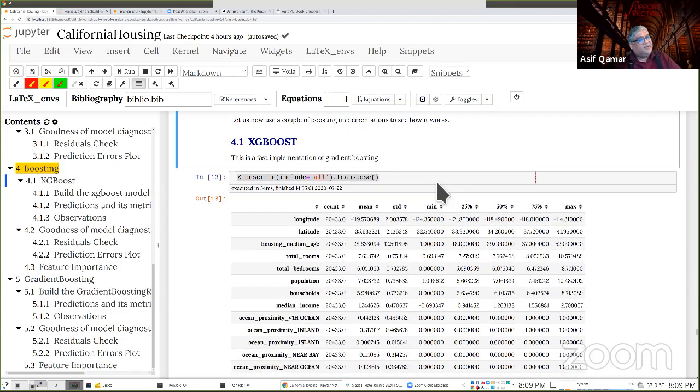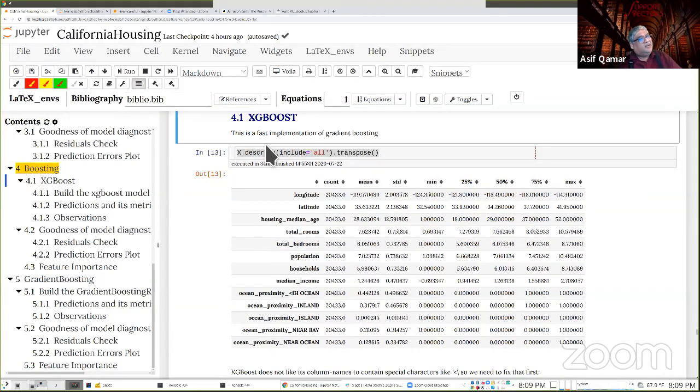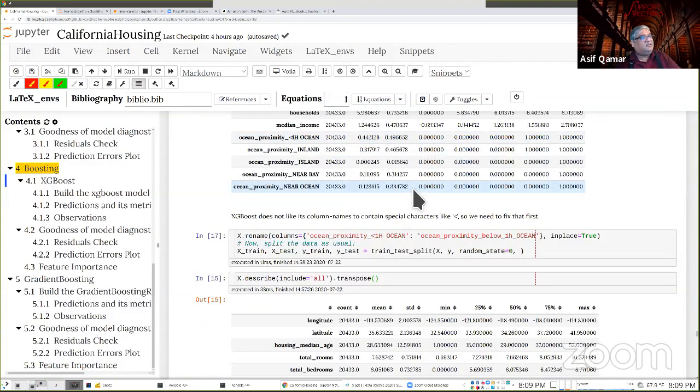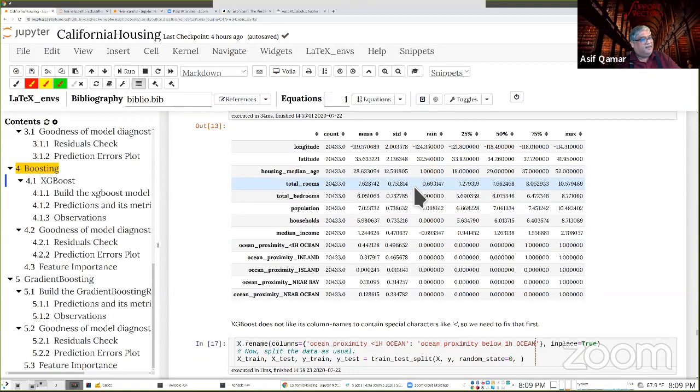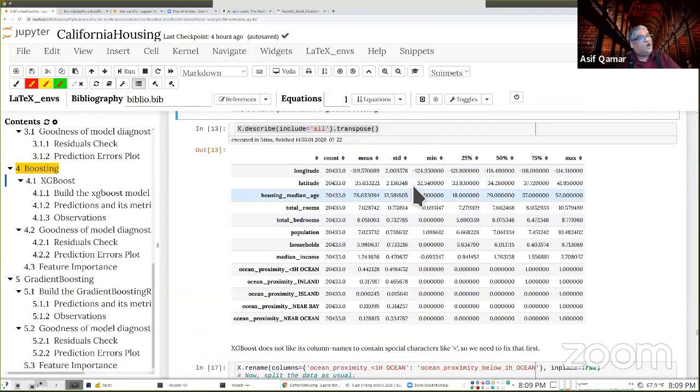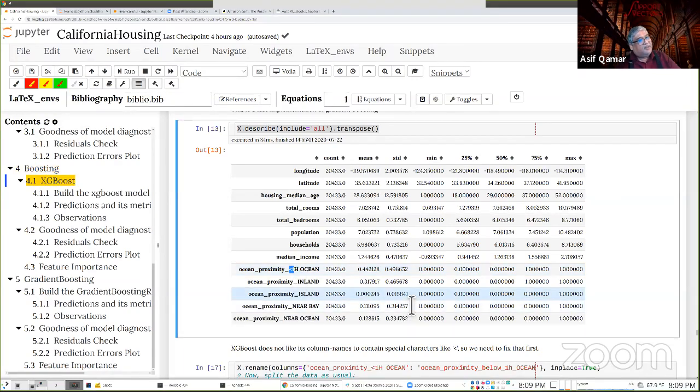You take boosting. Here is the boosting implementation. Let's see how much time it takes to do boosting. By the way, XGBoost has one limitation. When you do one-hot encoding, you notice that your feature names have developed this less than sign and so forth.